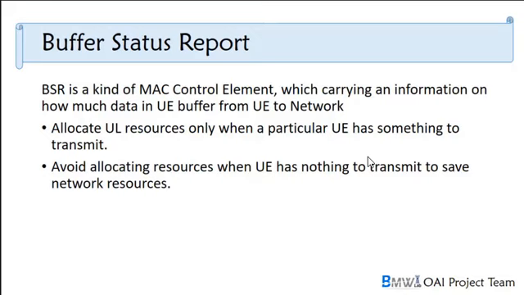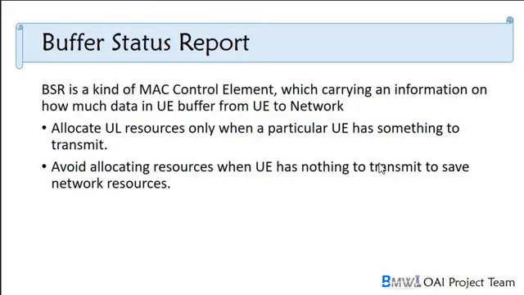And the function is to allocate UL uplink resources only when a particular UE has something to transmit, as I mentioned before with A and B. So you will not know about the resource allocation available on the B side if you didn't ask your friend. And this is very useful to avoid wasting allocated resources, because the resource will be available only if you ask your friend.